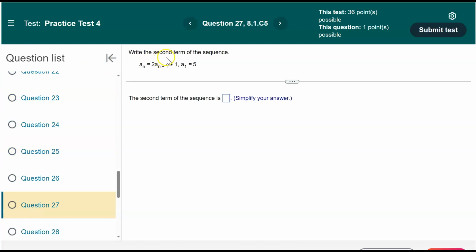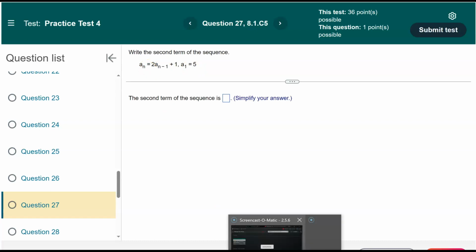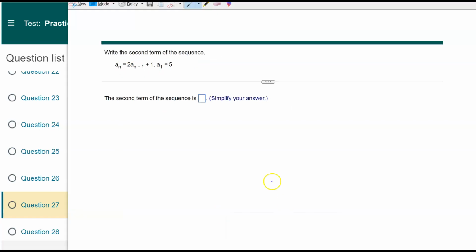Okay, so number 27. Write the second term of the sequence. So we are given here the recursive formula. A sub 1 is given. You are asked to find the second term. To do that, you just have to plug this into the equation here. What you want is a sub 2, that's the second term. If n is equal to 2, you will have 2 minus 1, so that's a sub 1.